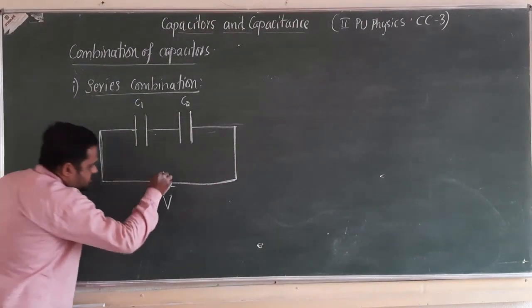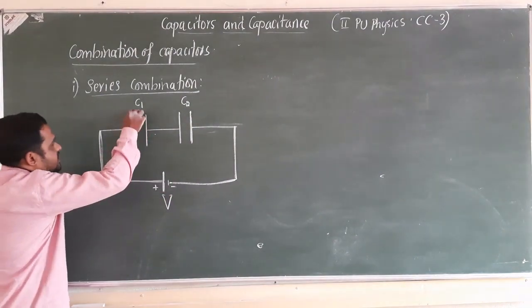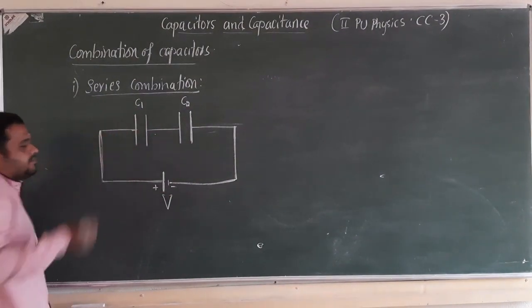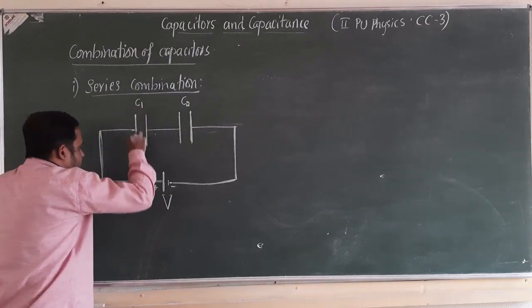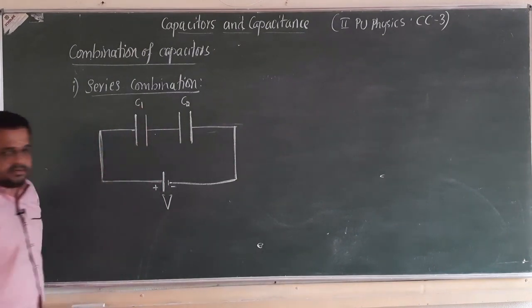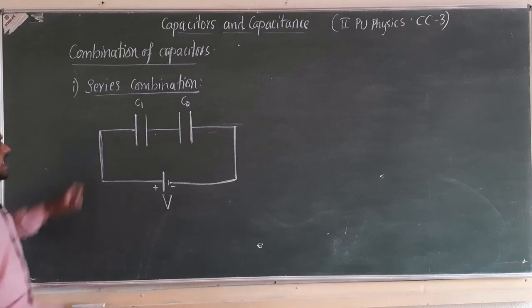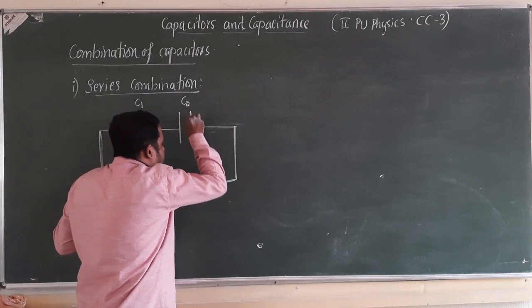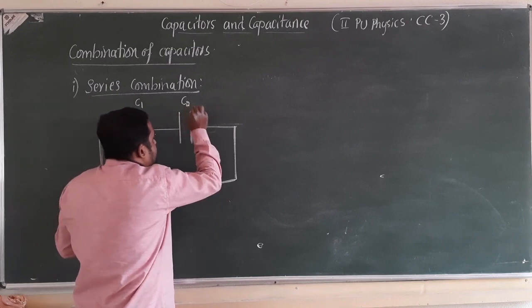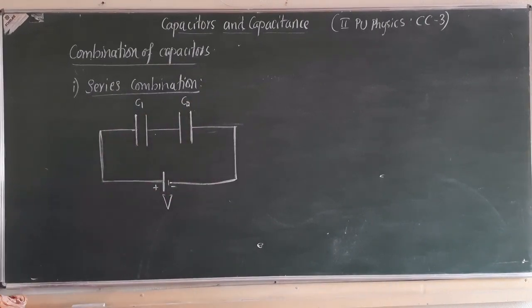The positive terminal of the battery, connected to left plate of first capacitor, will remove electrons from this plate, the first plate of the combination, and those removed electrons will be transferred to last plate of the combination, that is right plate of second capacitor.